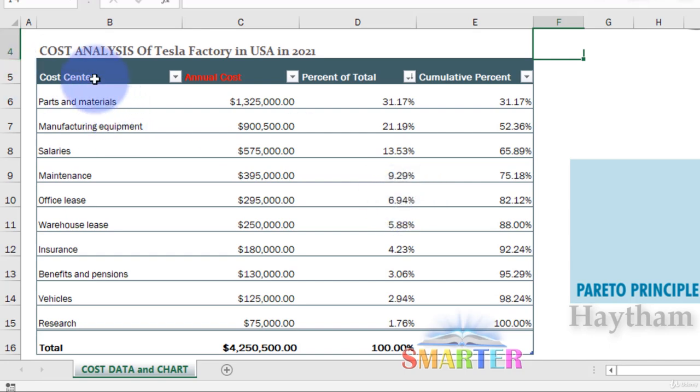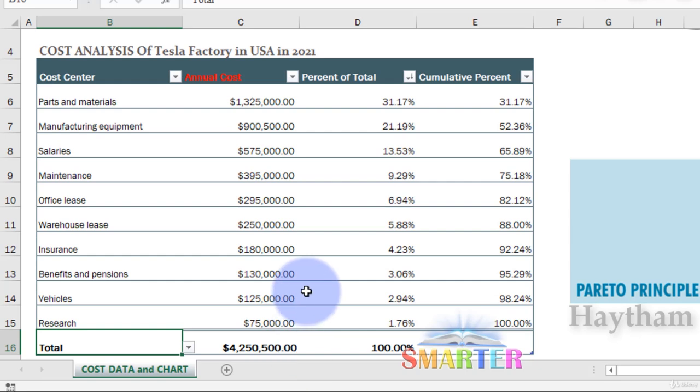Here are the cost center, the annual cost, the percentage of total, and the cumulative percent. The cost centers are parts and material, manufacturing equipment, salaries, maintenance, office lease, warehouse lease, insurance, benefits and pensions, vehicles, research, and here is the total. Based on this table, what are the most important cost centers based on the annual cost?